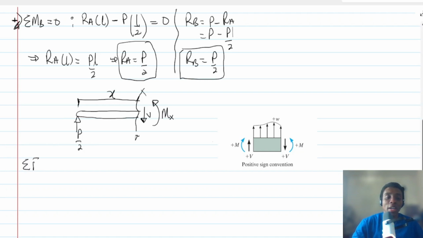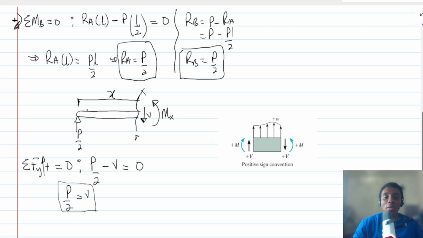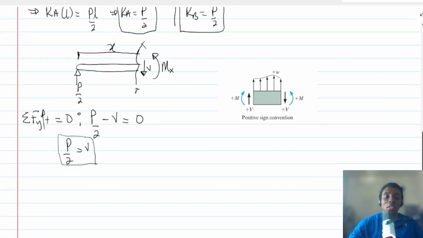If we sum forces, every force going up is equal to 0 because of equilibrium, so P over 2 going up minus V should be 0. In other words, P over 2 is equal to V. This is just telling us that the beam is in equilibrium. We are not interested in this one because we want the deflection.